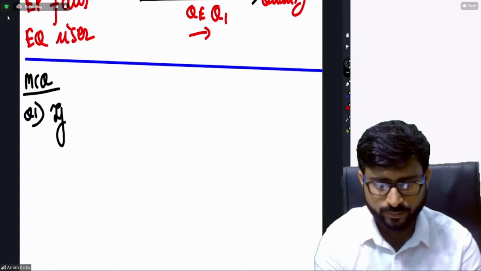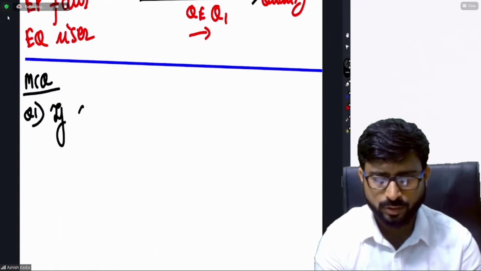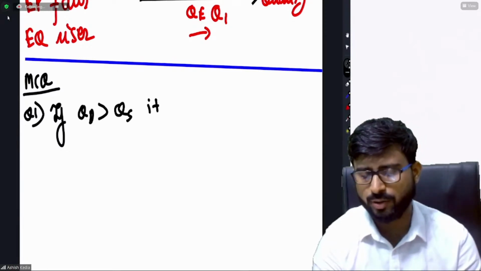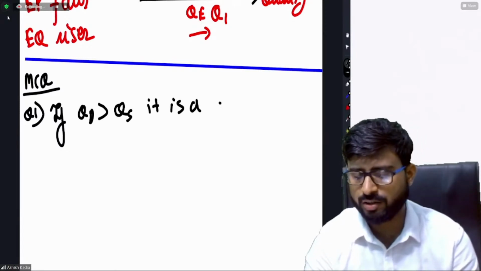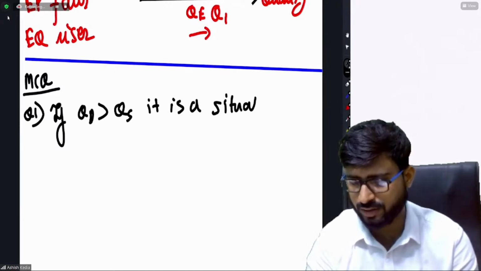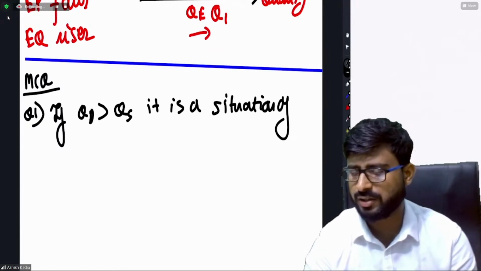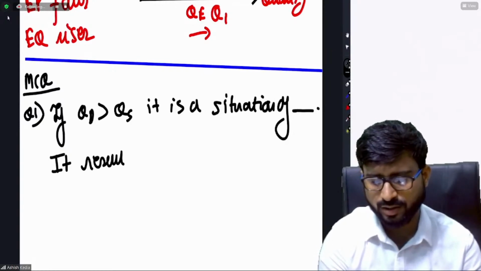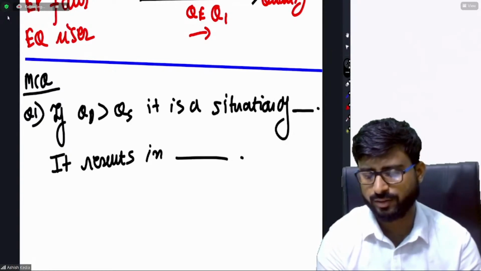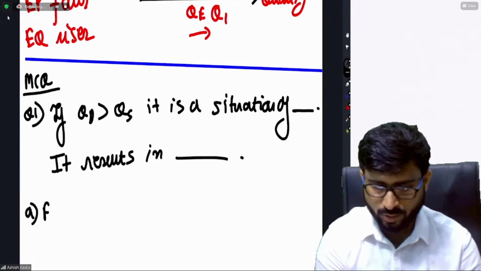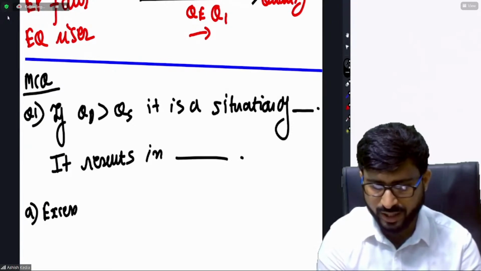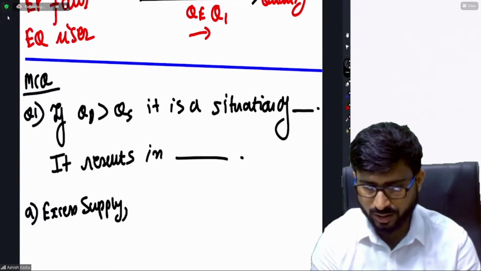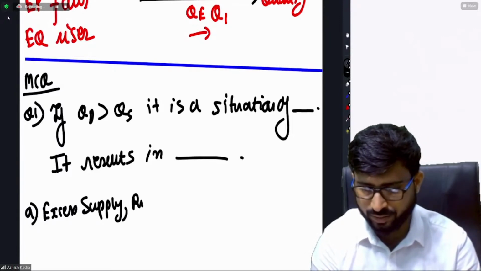If quantity demanded is greater than quantity supplied, it is the situation of dash, it results in dash. Option A, it is a situation of excess supply, it results in rise in price.